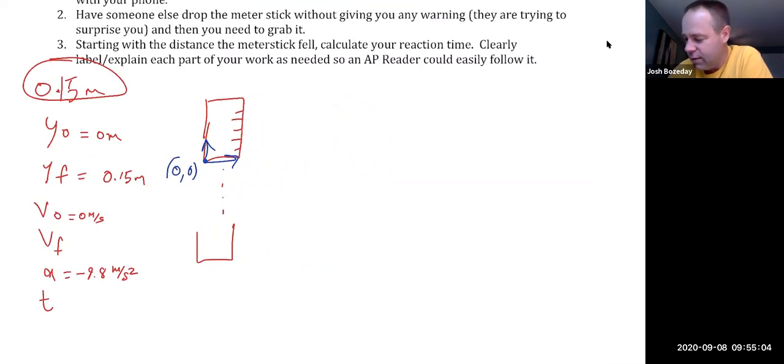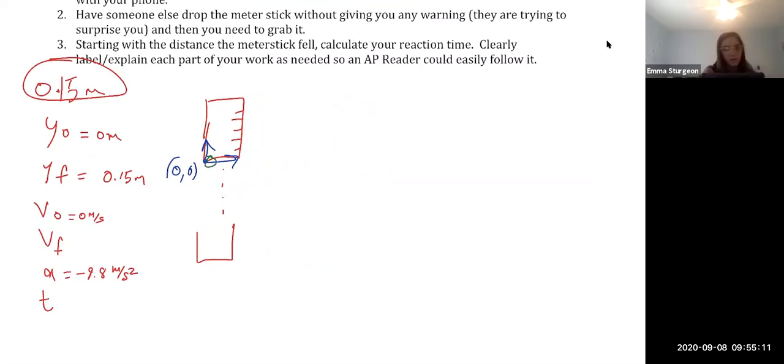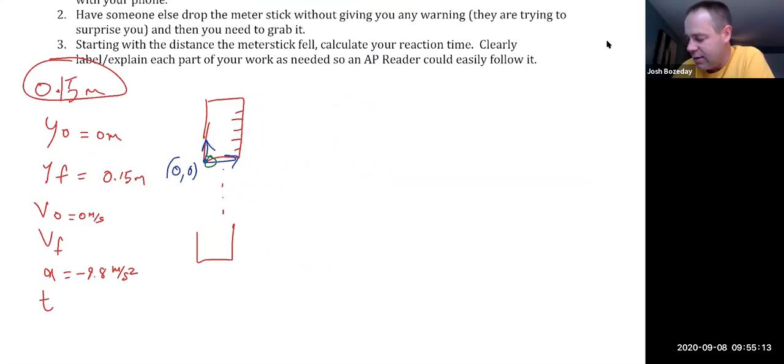I'll give you a hint. If this is where the ruler starts, then 0.15 meters or 15 centimeters would be right here. That would be a location of positive 0.15 meters. So where does the ruler actually end, folks? Somebody tell me.